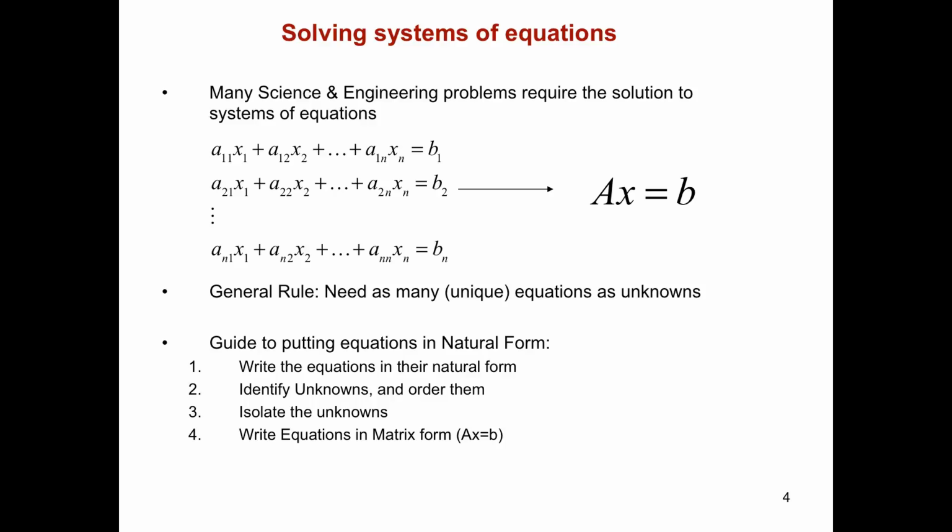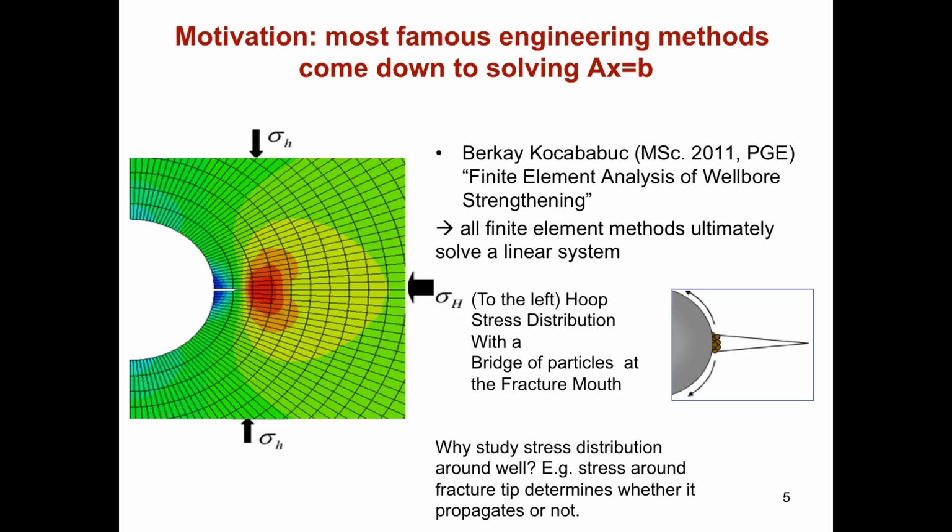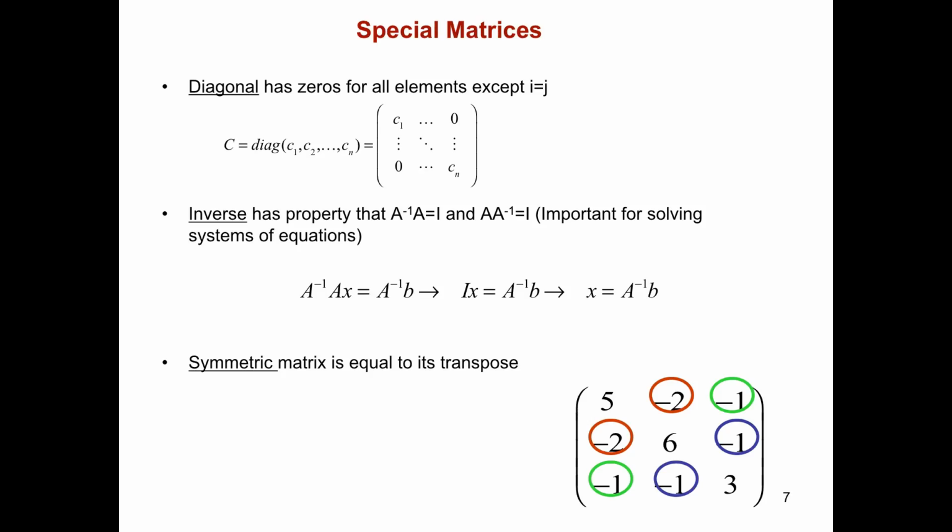So that's extremely easy to solve. It's called decoupled. Okay? So from the first one I get x1, from the second one I get x2, and all the way down to the last one where I get xn. I can very easily solve a diagonal system. Those are too easy, and they don't happen all that often.